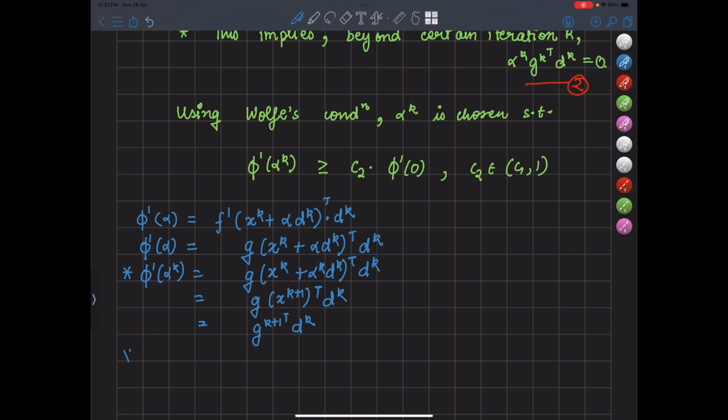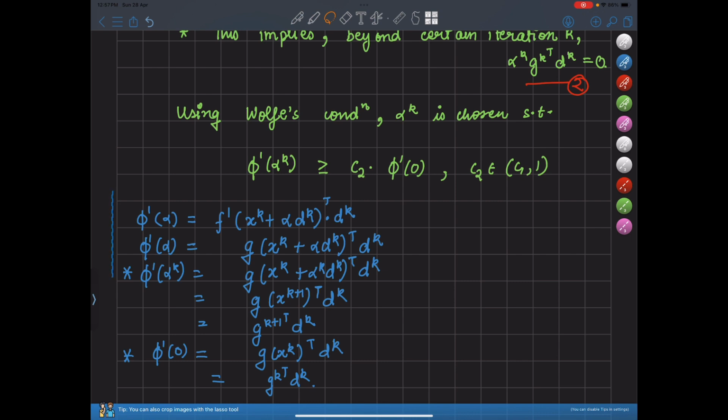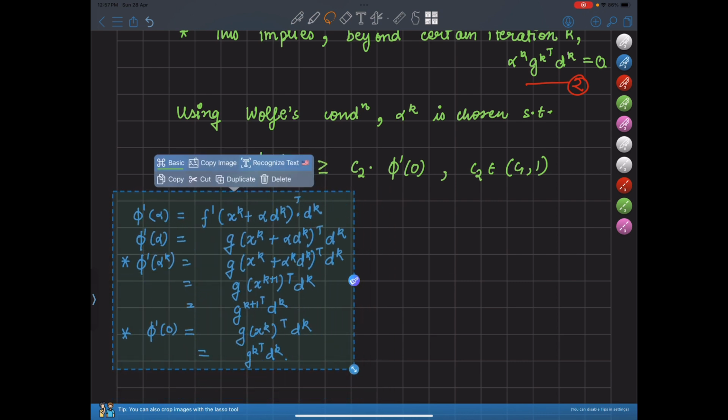Now what about phi dash 0? It is g of xk transpose dk, which is gk transpose dk.